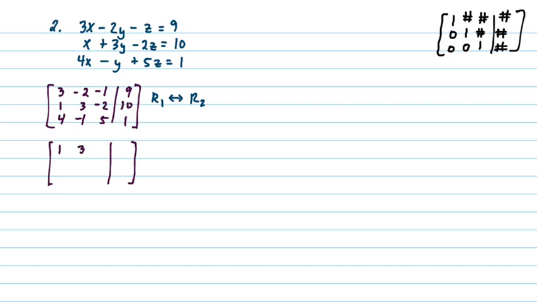So let's go ahead and do that. So all I've done is swap the first 2 rows. And let's write in the third row there. Notice the third row doesn't change at all. And so now once we get a 1 in that upper left-hand corner, we know we want to get 0s below the 1, and we're going to use that 1 to get those 0s.